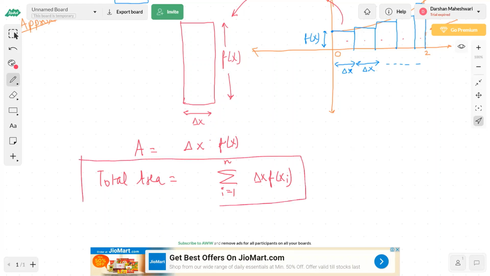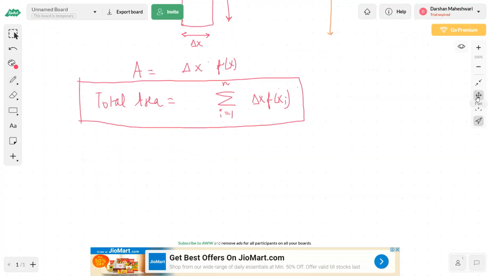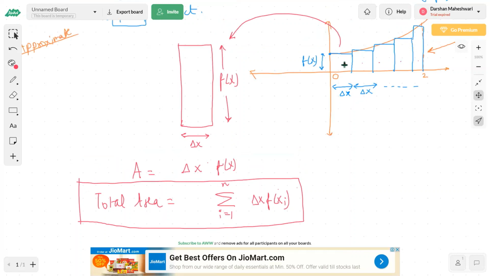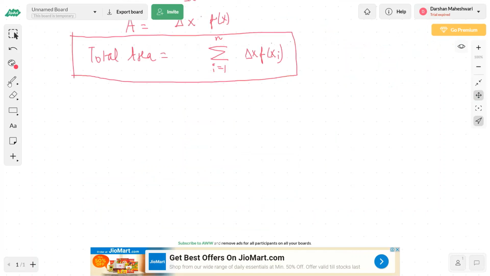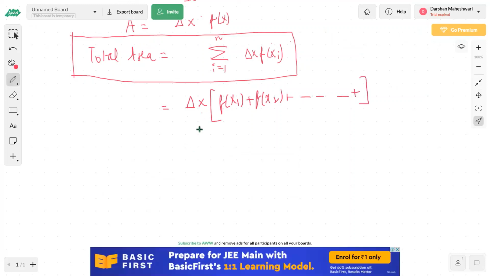Sigma means a summation of all such rectangle heights, with i starting from 1 and ending at n. If we expand this formula, since delta x is a constant and not dependent on i, we can take it outside, and we get f(x1) + f(x2) + f(x3) and so on. We add all these terms and multiply by delta x to get the value of area.